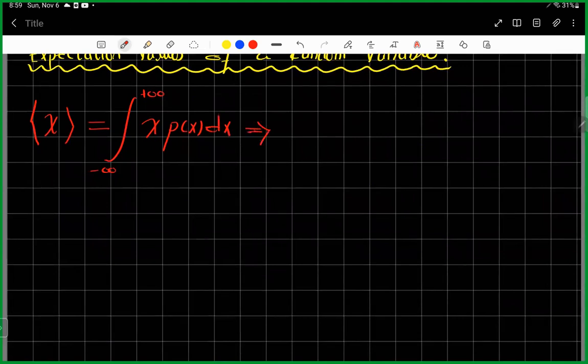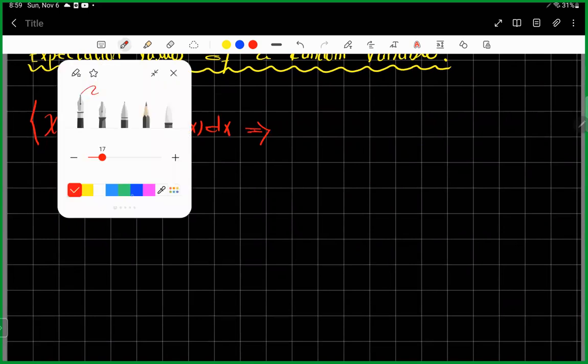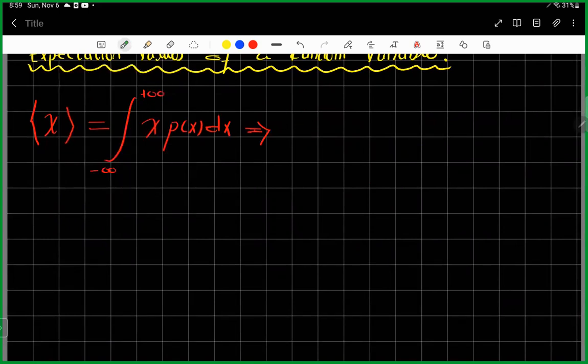Now, in statistical mechanics, it's particularly important to evaluate the expectation value of a function of a random variable. Okay, and this is just the integral from minus infinity to infinity of the function f of x times the probability density p of x dx.